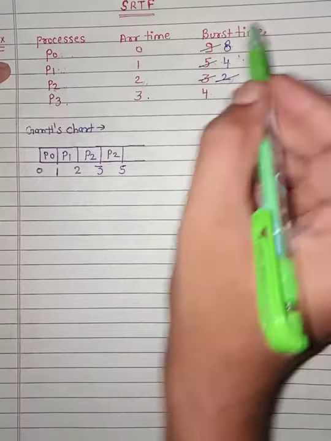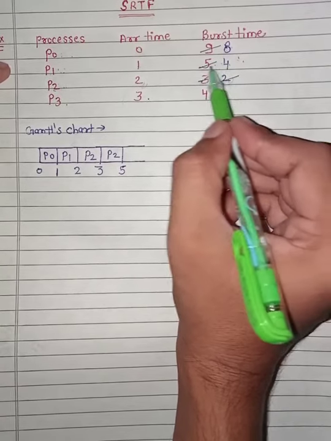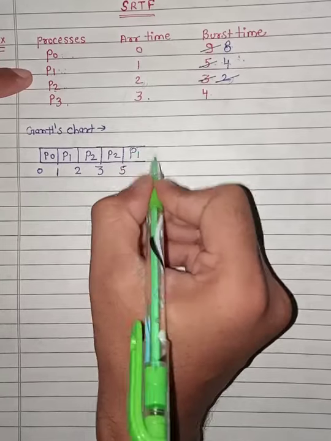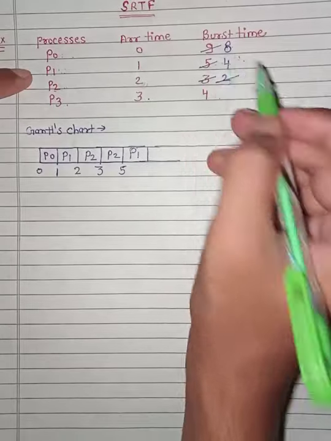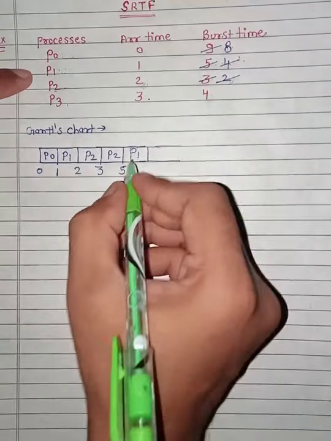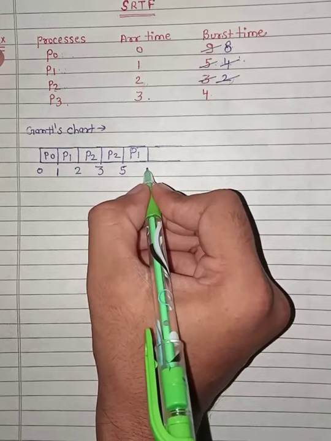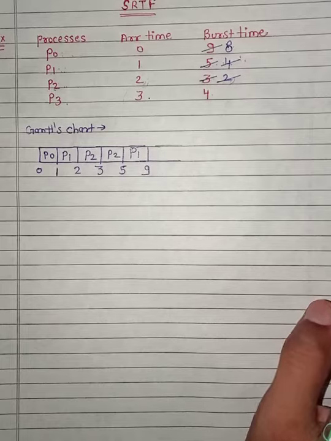So P1 has come first in the queue, so we'll execute this. It has 4 units of time remaining. We'll complete this, and 5 plus 4, up to 9 units of time.